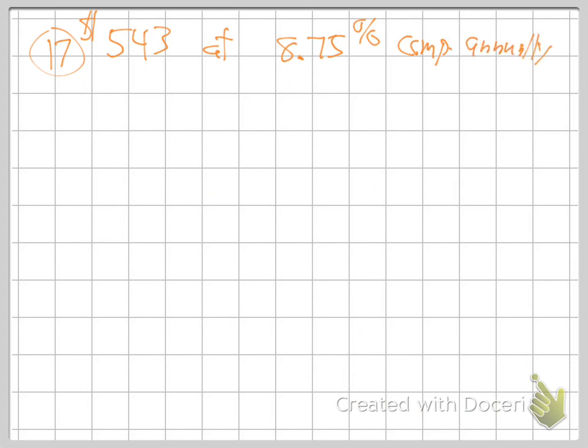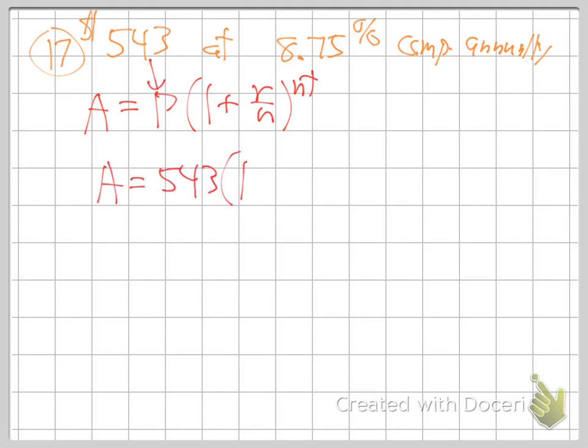So it's A equals P, 1 plus R over N to the NT. The P is the 543, the money they invested. The interest rate, move this back 2 places, 0.0875 over N. What's the N? 1. Annually is just once a year, like a birthday.